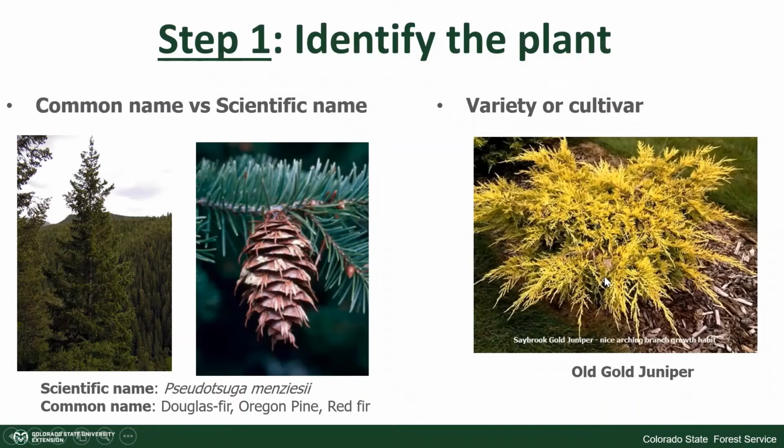It doesn't have enough nitrogen, or it has iron chlorosis. I'm just going to start making assumptions, but I will not know that the plant actually looks like that. So it's something that we need to consider when identifying the plant. Sometimes if you go to garden centers, they will tell you the variety or the cultivar, so that's important to know.